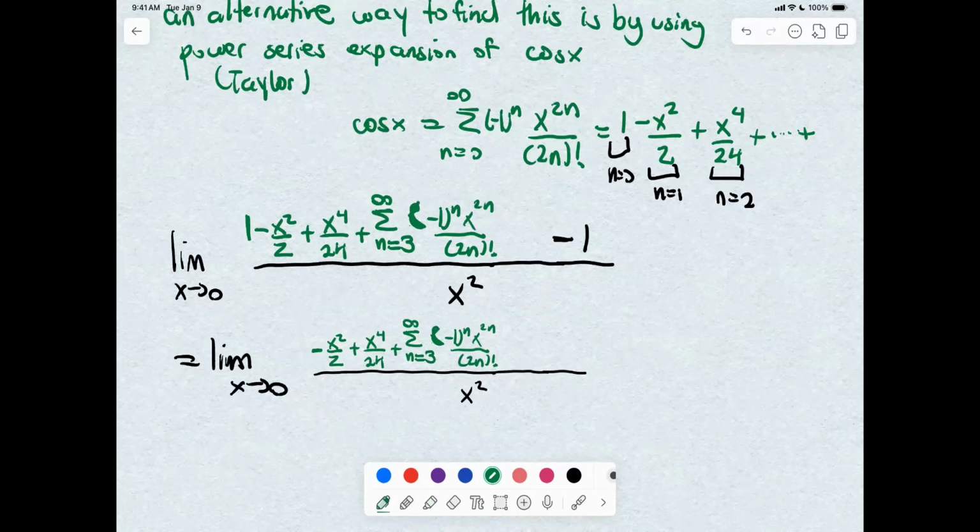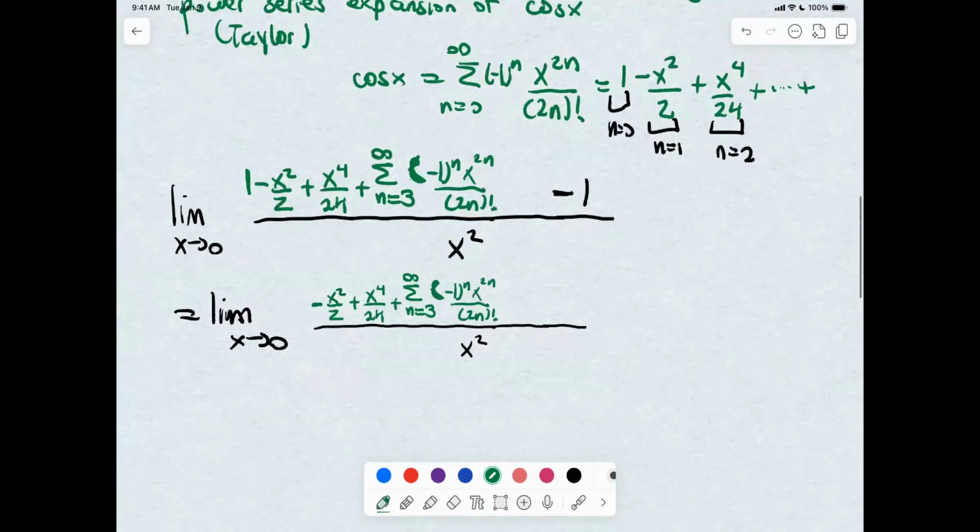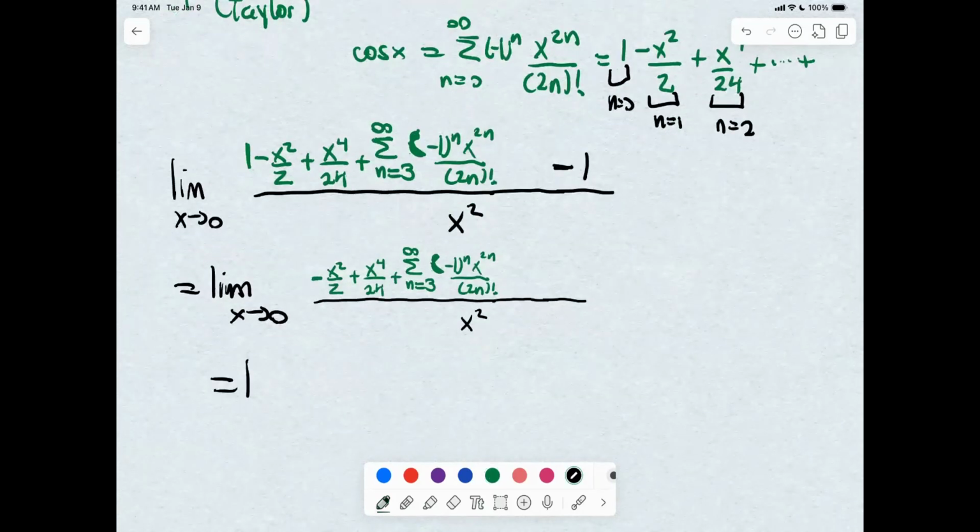Okay, and then what you notice is that everything in these terms will have at least a power of x squared, right? Because this has an x squared, x to the 4. This is x to the 6, x to the 8, x to the 10, all times some other numbers, right? That doesn't matter too much. So what I'm saying is that there's an x squared that you could factor out to simplify this. So this would give you the limit as x goes to 0 of negative.